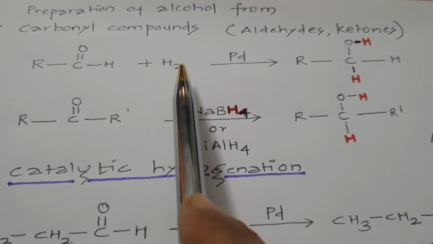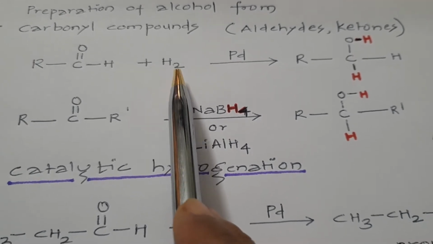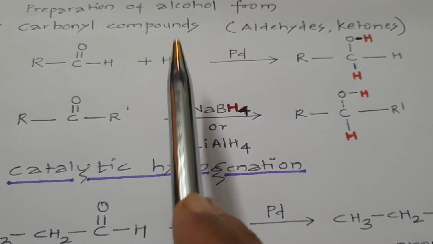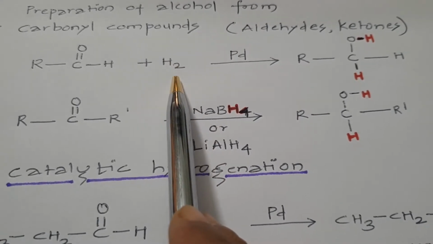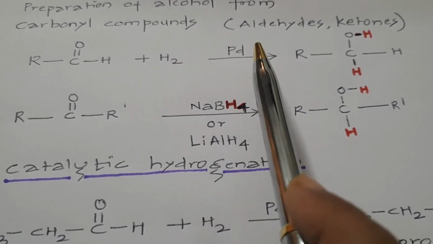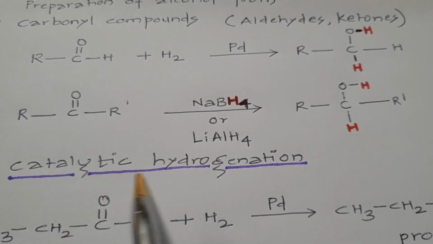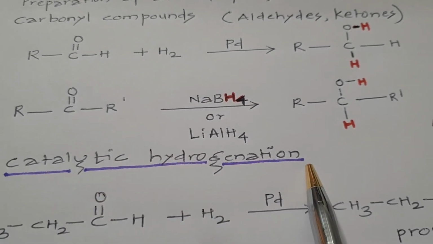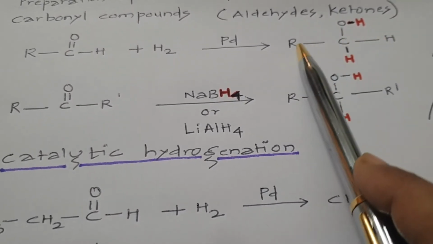It undergoes hydrogenation. Hydrogenation is addition of hydrogen. Interchangeably, we can also make use of a term reduction. This takes place in presence of a suitable catalyst. Hence, it is called catalytic hydrogenation, thus giving us alcohol as our product.